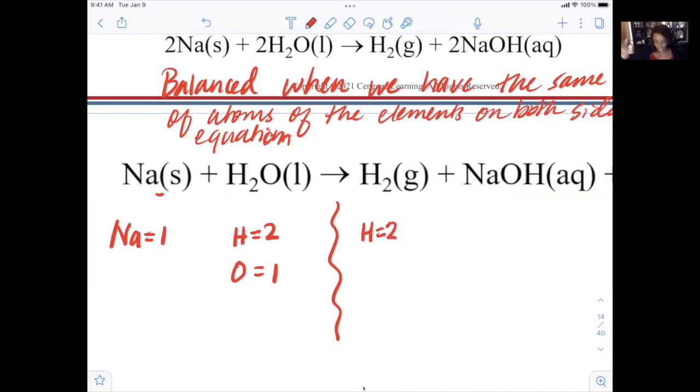On my far right side, I have a compound, sodium hydroxide, that contains sodium element, oxygen element, and hydrogen element. Element and atoms are used interchangeably to mean the same thing. Okay, in my formula, remember, nothing here implies one of the formula written before it. So I have one sodium, one oxygen, one hydrogen.